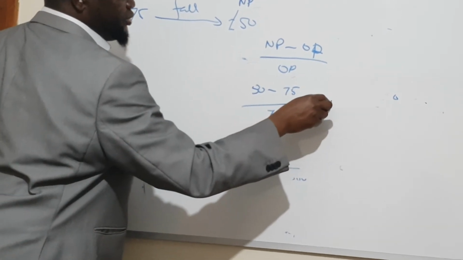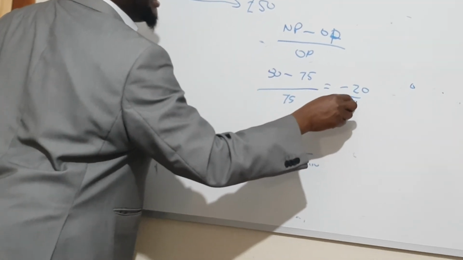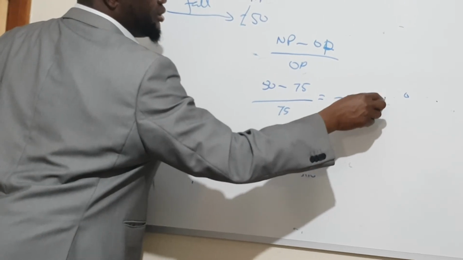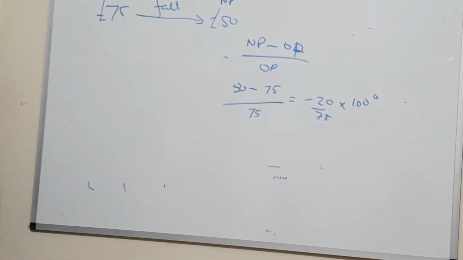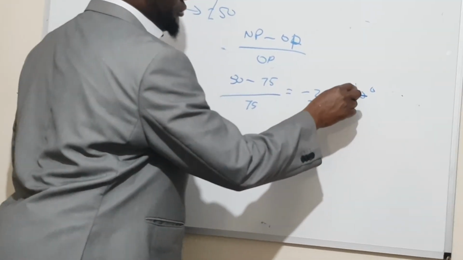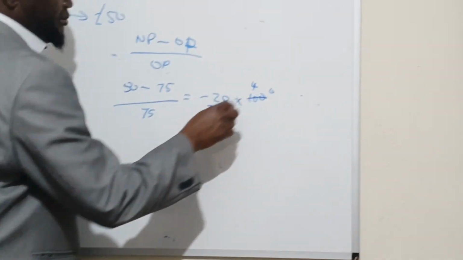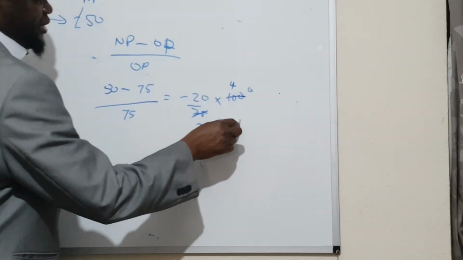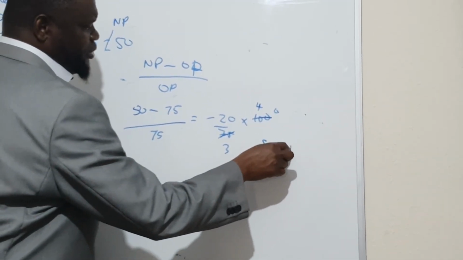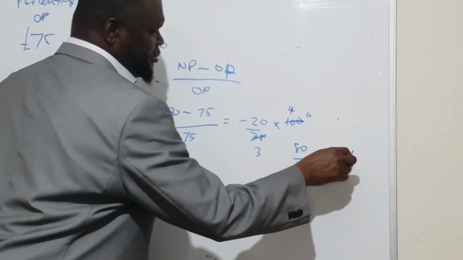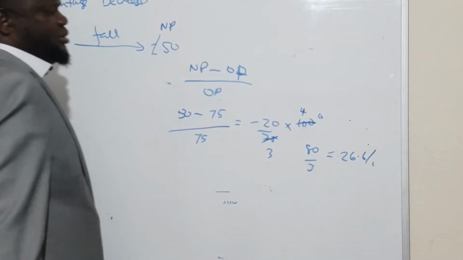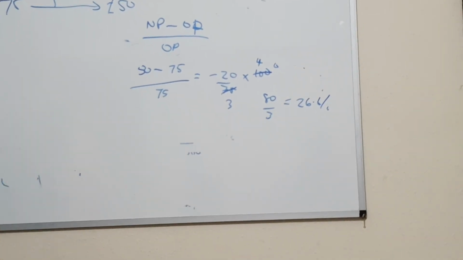So this is minus 20 divided by 75 times 100. 25 goes into 75 three times, so that is 80 divided by 3, which is 26.6%.